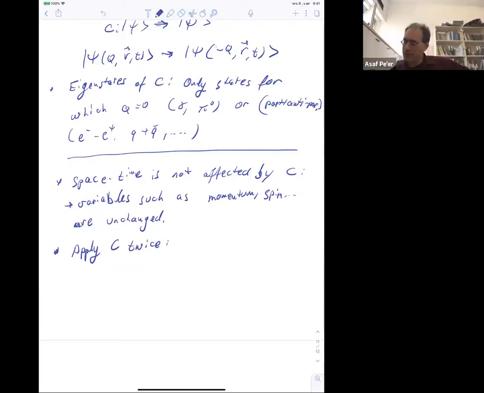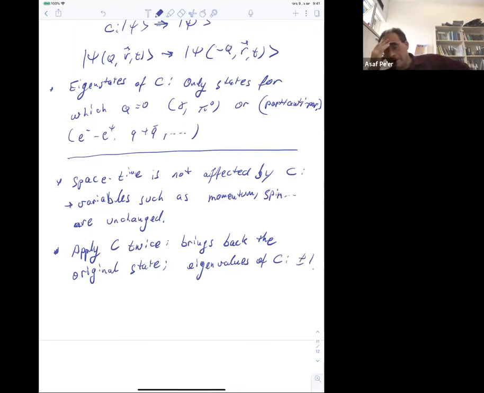So applying C twice brings back the original state. So the eigenvalues of C are plus minus 1.